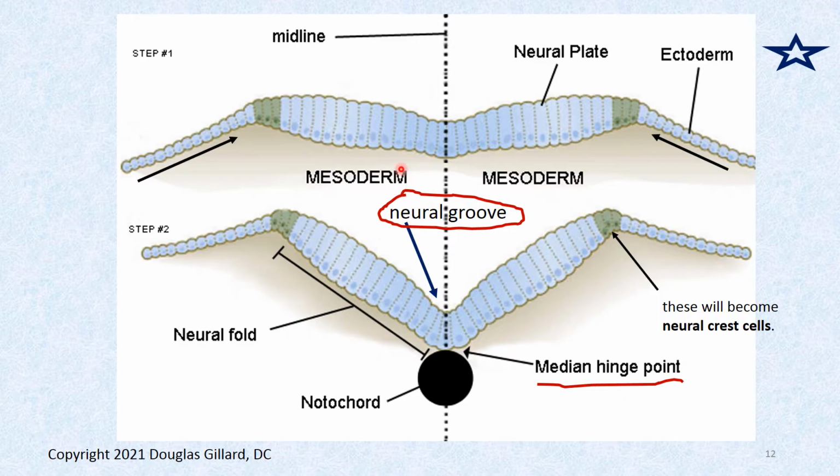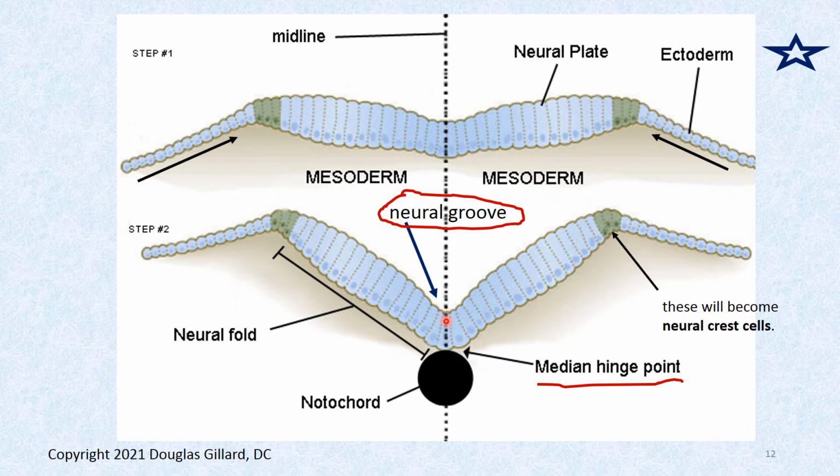Let's look at a picture. So here was our fairly flat neural plate a little while ago, and shroom from the notochord was right here. Shroom soaked into these center cells and caused them to take on a triangular shape like these, and that bent the neural plate into a V shape. These are called the right and left neural folds, and this is called the neural groove right here.